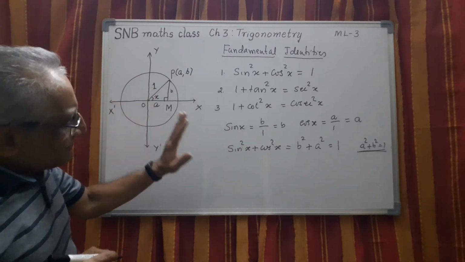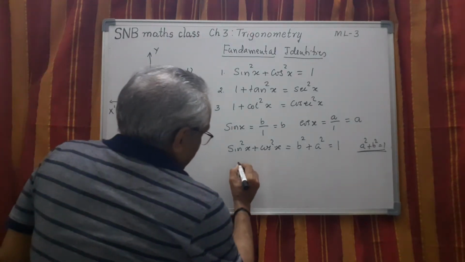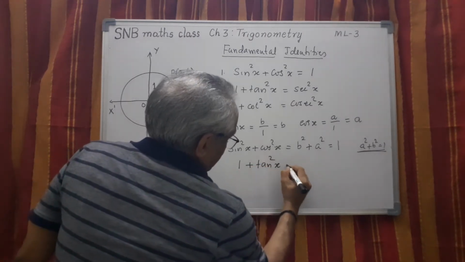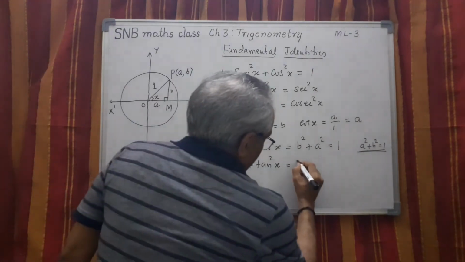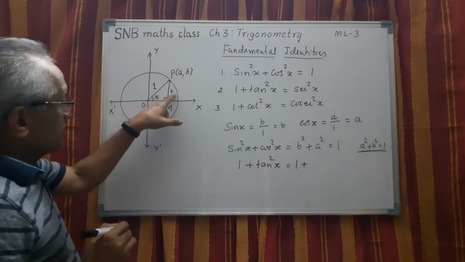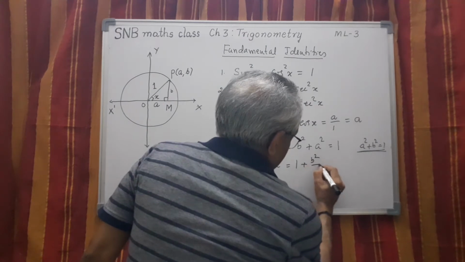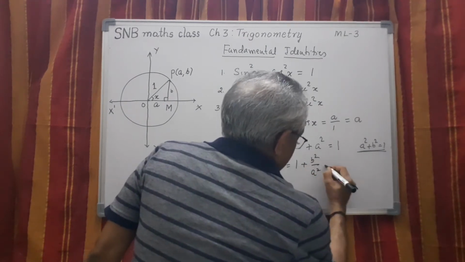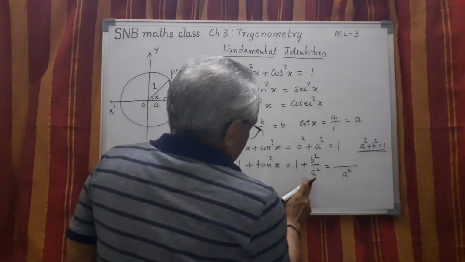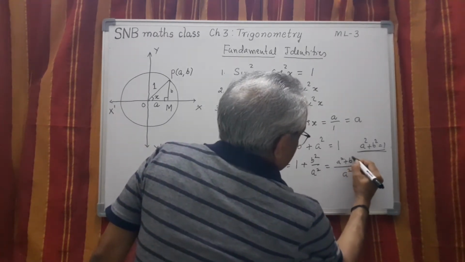Now, using the same diagram, we can also establish this. For example, you take left hand side 1 plus tan square x. What is tan x now? Definition of tan x is opposite by adjacent, so b by a. So this is b square by a square. Now simplify. LCM is a square. Then here a square plus b square.